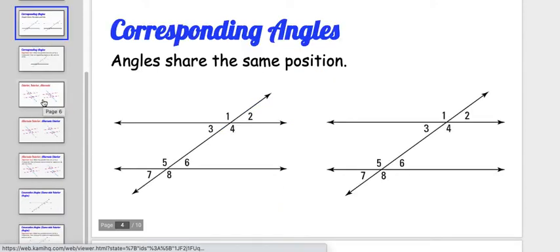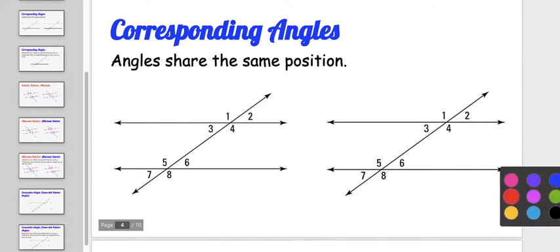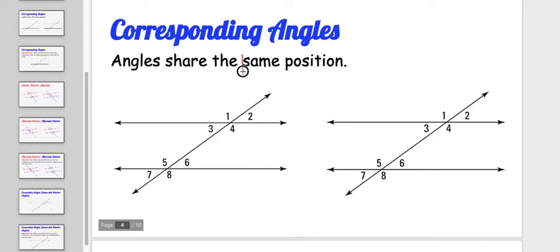The very first thing we are going to introduce is corresponding angles. Corresponding angles are angles that share the same position. The keyword here is same position. So what does that mean? Let's check the angles in the corner.